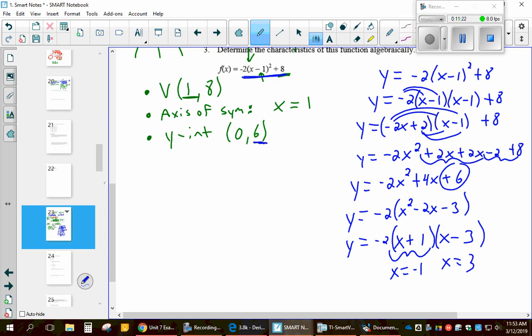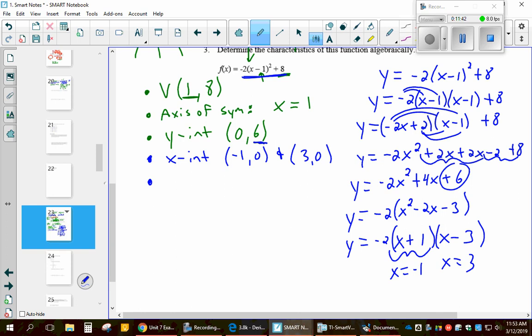Phew. All right, so our x-intercepts would be at negative 1 comma 0 and 3 comma 0. We can sketch it out too, but I think we'll be all right.